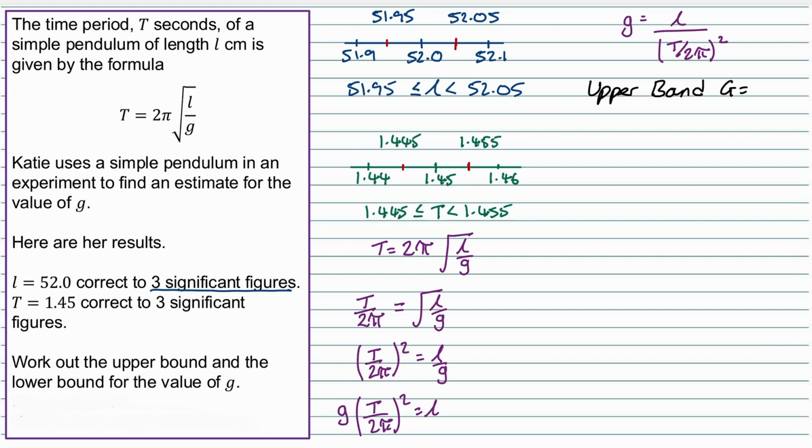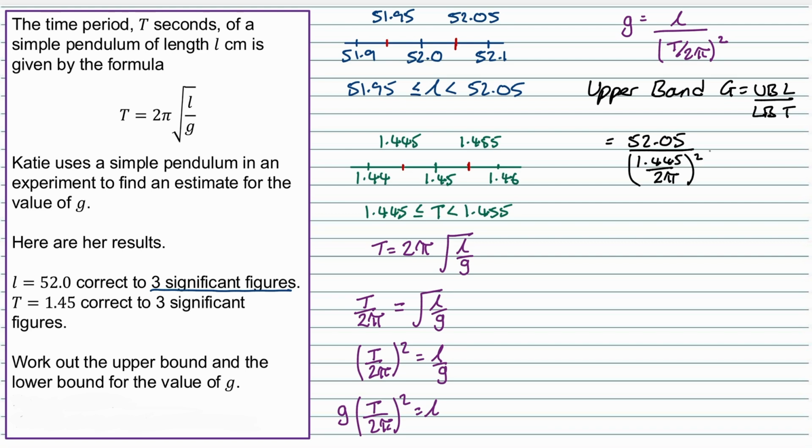So we want the smallest possible T, we'll use this T. So we'll use the upper bound for L divided by the lower bound for T. And if we substitute both of these into our new formula, we'll get 52.05 divided by (1.445 over 2 pi), and this is all squared.